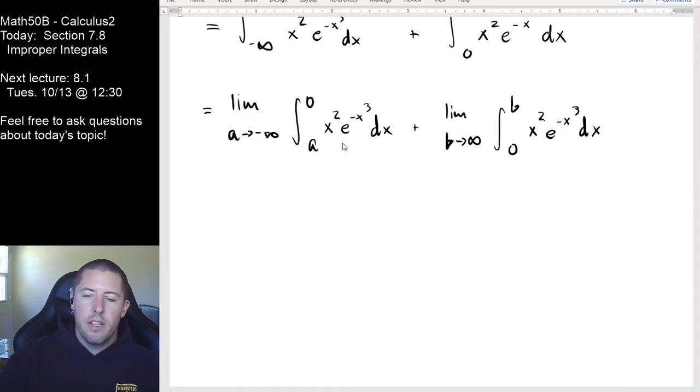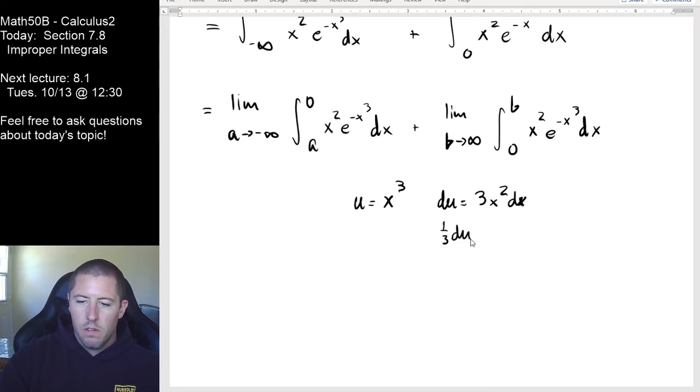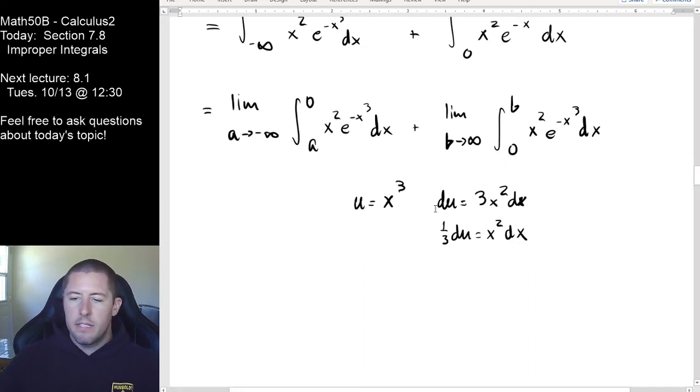The good thing about doing this integral is I do think I get a common set of substitutions that I need to do. I'm noticing that there is an x cubed in here times some x squared stuff. So I think it's reasonable to do a u sub that looks like this. My u sub is going to be the same for both of these.